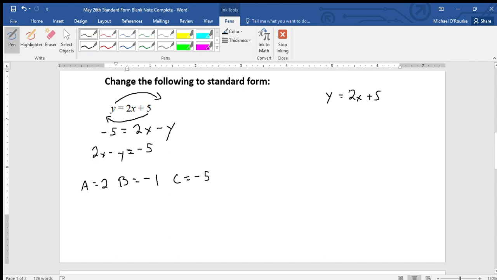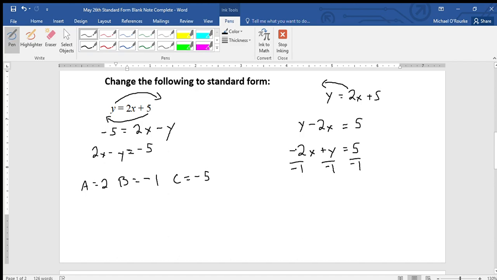Now, if you wanted to leave that 5 there, you could bring the 2 over. So that would be y minus 2x equals 5. Now, if you remember, I want the x in front. So it'd be -2x plus y equals 5. But one of the rules here is I can't have a negative. So I'm going to divide everything by -1 to make that positive.